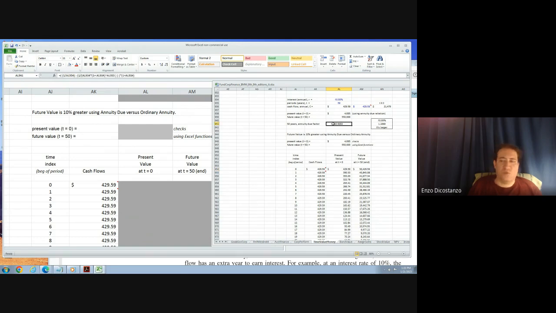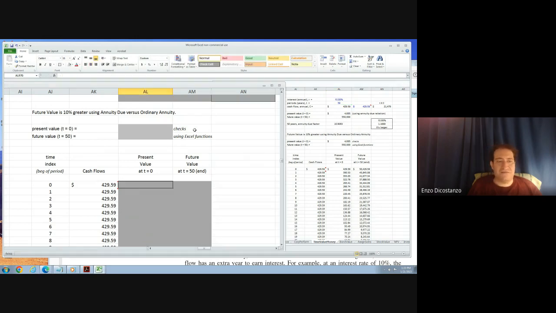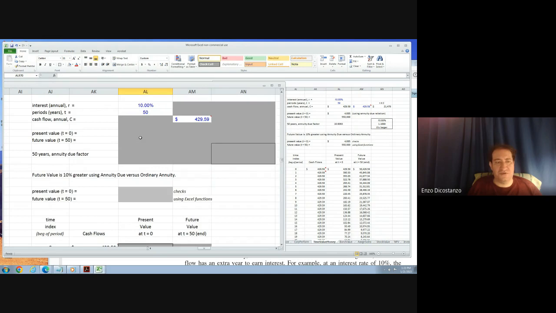Like I said, I like working in the tables. I always like working in the table. So what is this? Yeah, the factor for the annuity due. This is the factor for annuity due.